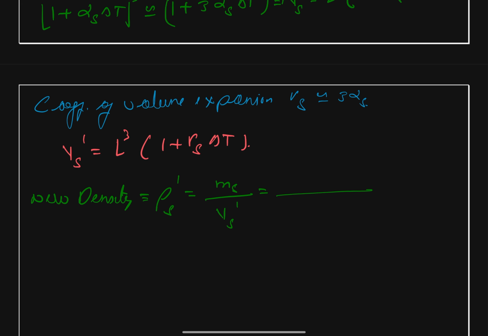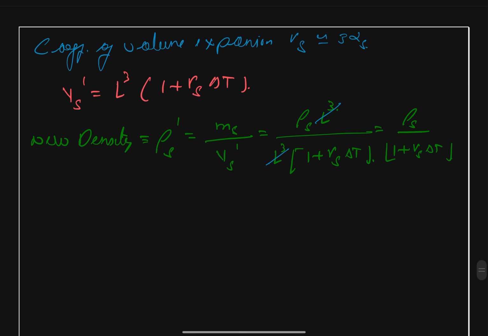Ms remains the same, so this comes as rho s L cube divided by L cube times (1 plus gamma s multiplied by delta T). Here L cube and L cube cancel out, so we get rho s divided by (1 plus gamma s multiplied by delta T).